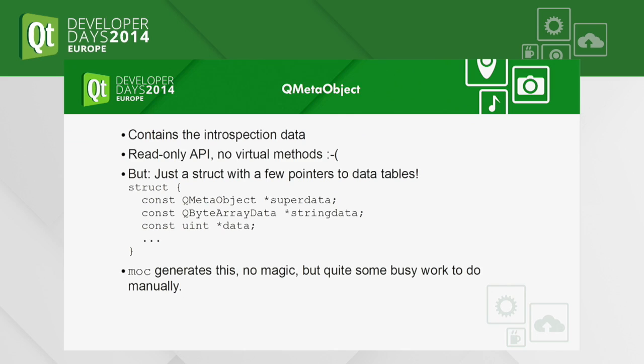And then there's a string table and some offsets into the string table and some data that describes how many methods we have, how many signals we have, or what type the properties are, and so on. If you look in the moc-generated files, you see those large string tables and tables with random numbers in them.